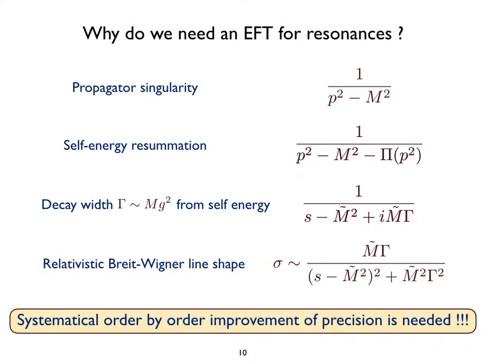Selecting just part of the graphs, the gauge invariance and unitarity of the theory can be spoiled. I would like to emphasize that these properties are valid only for the full amplitude at a fixed order. For precise extraction of the parameters from the resonance shapes, a systematic framework is required.